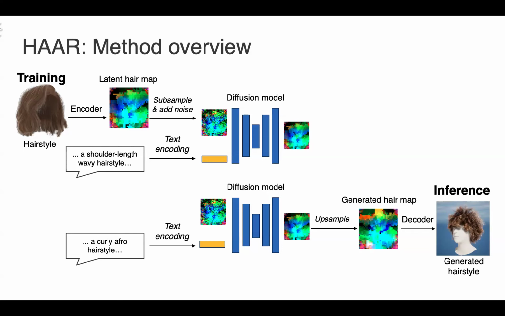And then we train a conditional diffusion model that takes noisy latent hair maps and some text descriptions of the hair, and learns to take those text descriptions, take in input noise, and generate a latent hair sample, which we then upsample and then decode into a graphics-ready strand-based model of human hair.